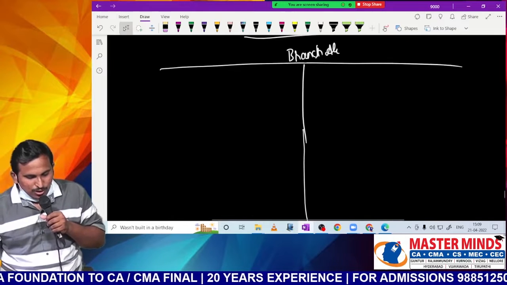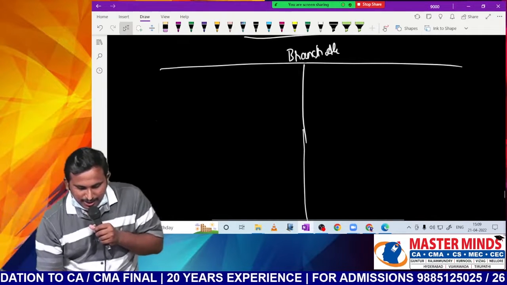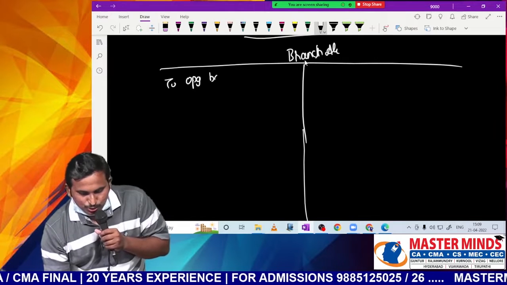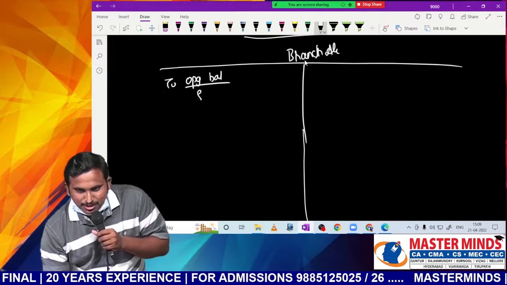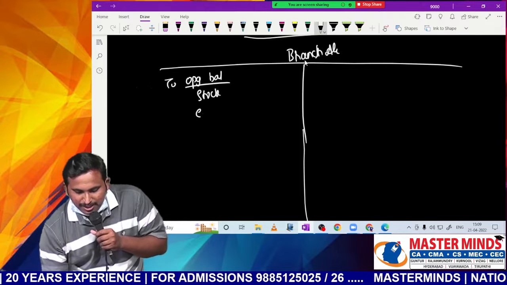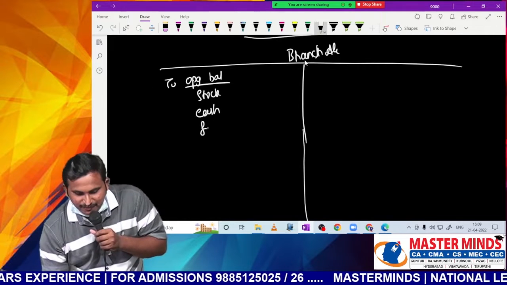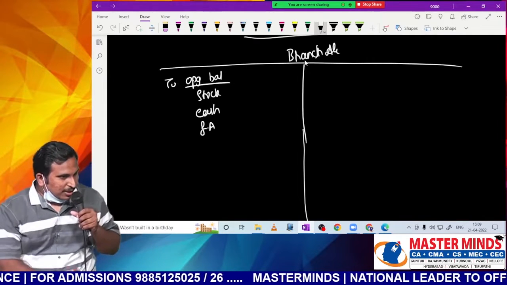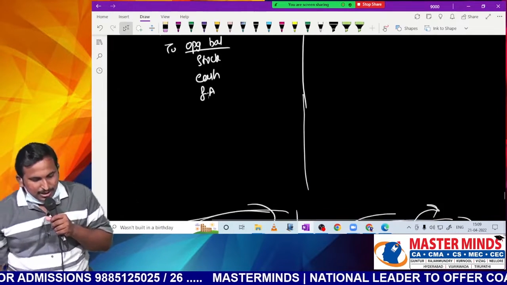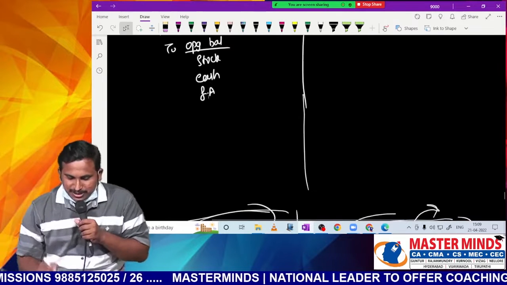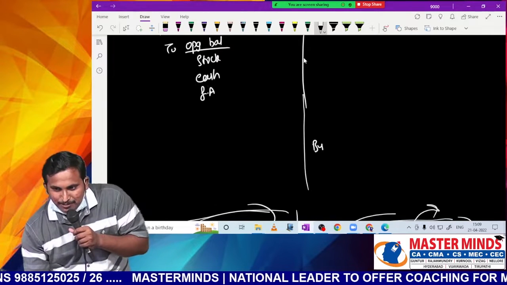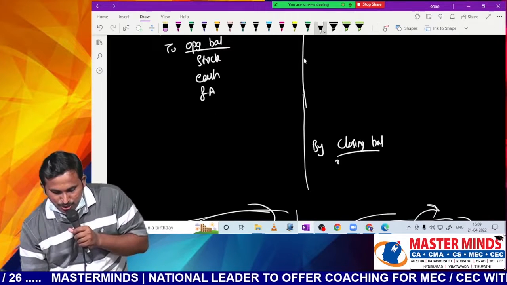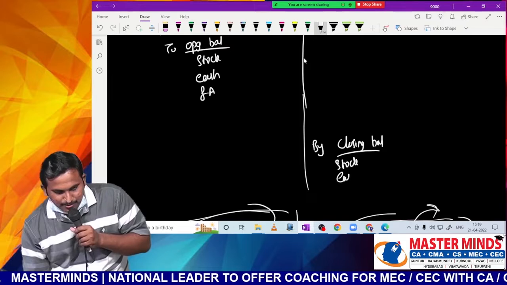So, please observe carefully, I will write the opening balances of various assets, which may be stock, cash, or other fixed assets. This gives my opening capital. Accepted? Now similarly, in this method we will also write closing balances: closing balances of my stock, my cash, my fixed assets.